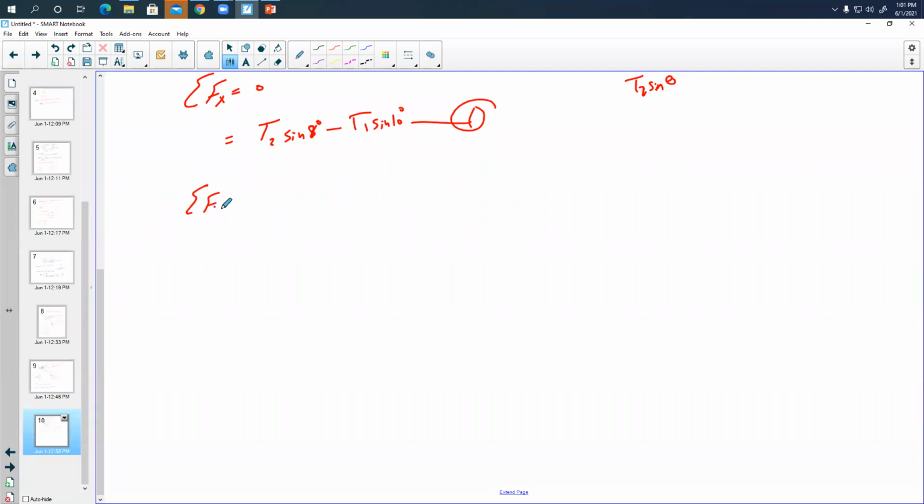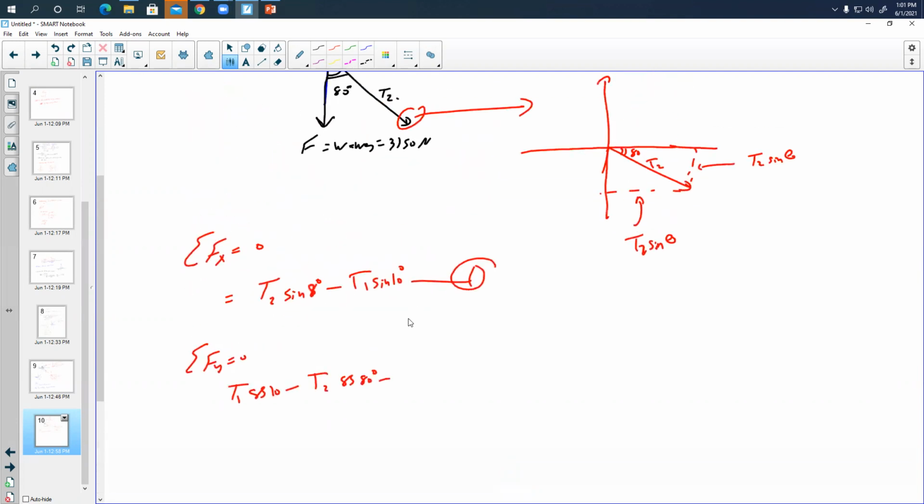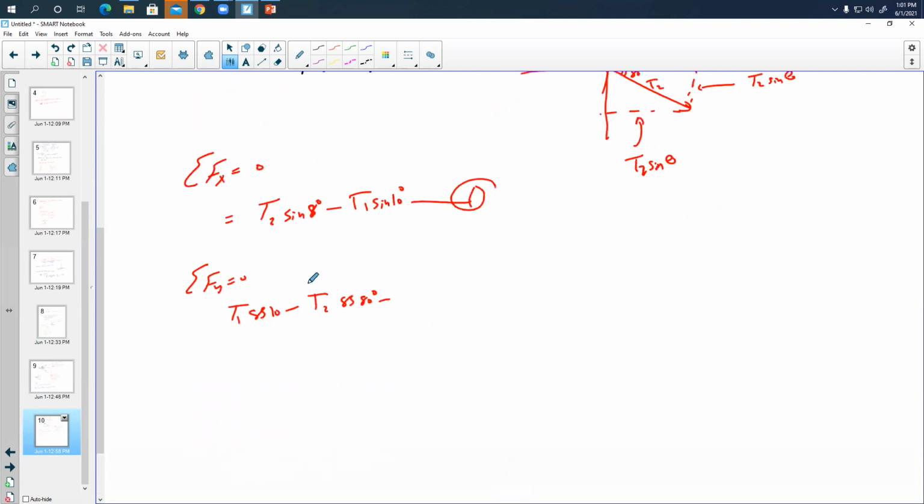And your sum of forces in y equal to 0. That means T1 cosine 10 degrees minus T2 cosine 80 degrees minus, you got your weight going down, is going to have to equal 0. And we're going to call that equation 2.